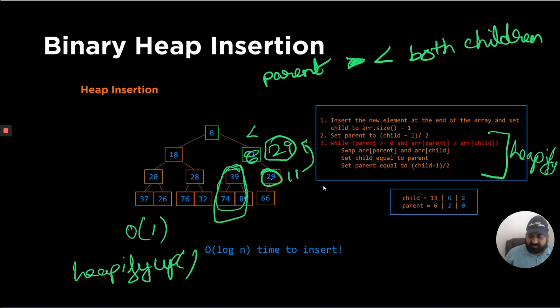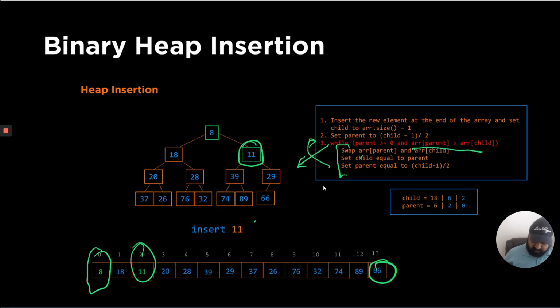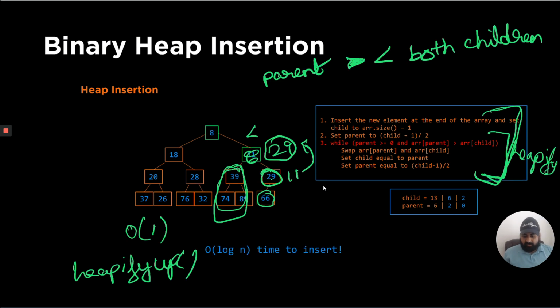And we apply this Heapify up algorithm to the newly inserted node, which in our case was 11. So we apply this to 11 and we keep on applying it till it reaches the root node.